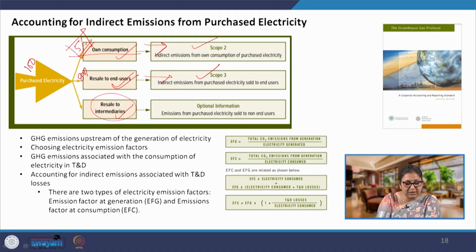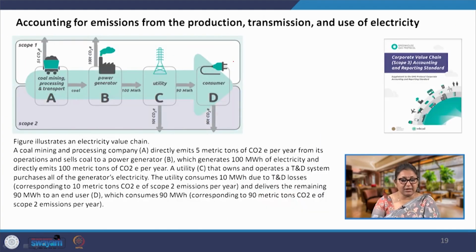And then there could be resale to intermediaries, that can be included in scope 3 or it could be in optional information depending upon the organizational boundary and the business goals. If we look at the complete cycle of production, transmission and use of electricity, we look at where each scope can be defined.